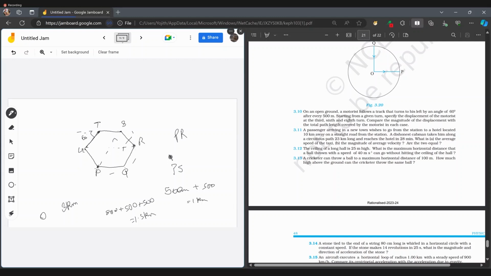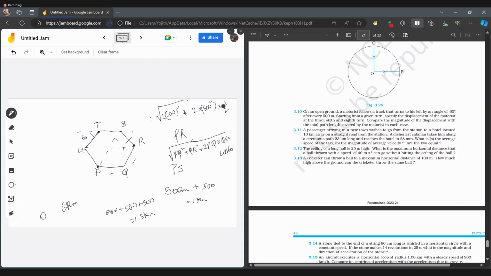We can calculate it by root over PQ square plus QR square plus 2 PQ QR into cos 60 degrees. Okay. This will give us root over 500 square into 2 plus 2 into 500 square into 1 by 2.